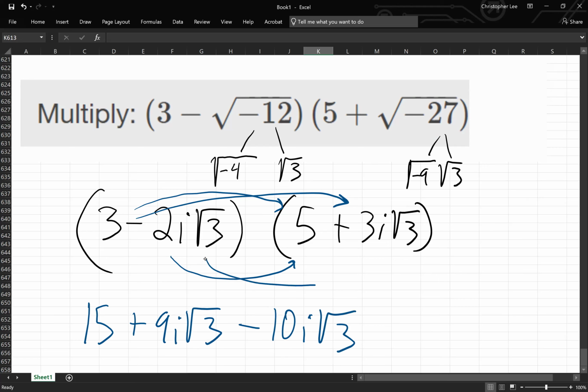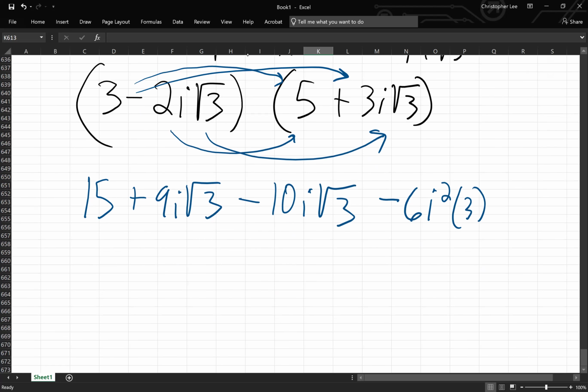And last but not least, I have a negative 2i square root 3 times positive 3i square root 3. This should give me a negative 6i squared times 3.